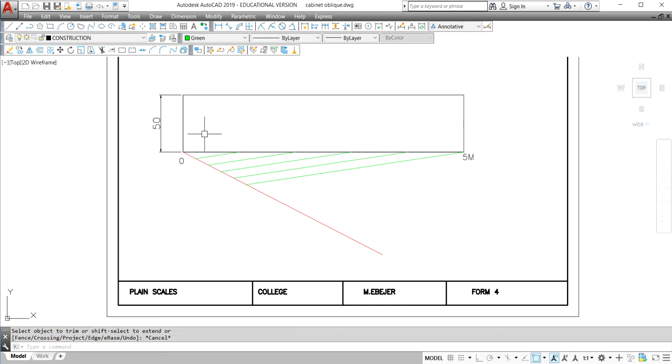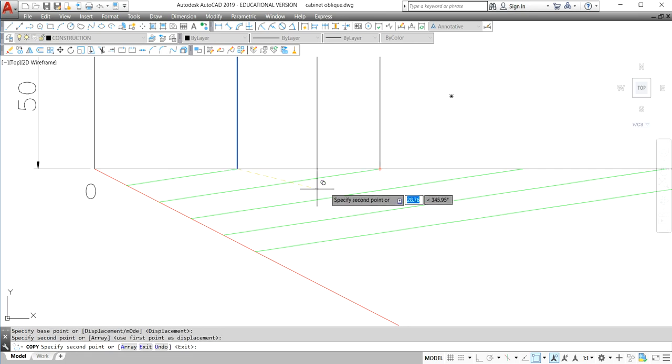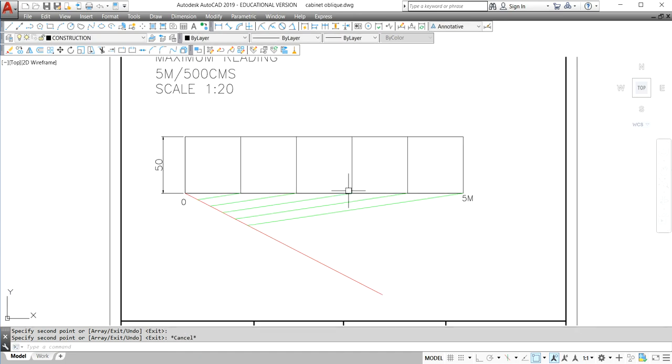Okay. So now the ruler is better because it can read increments of 1 meter. From every point, I'm going to do a vertical line. Perfect. I'm going to make a bit of a bold outline so you can understand better and enhance the drawing.